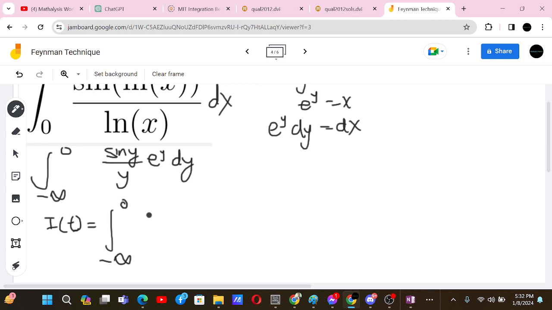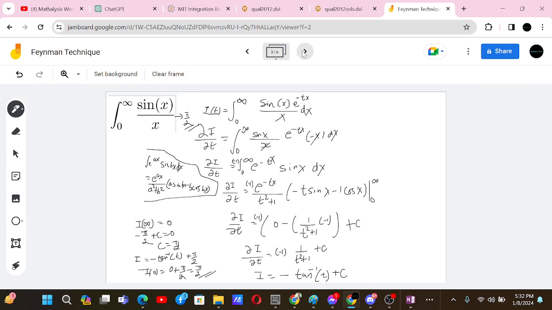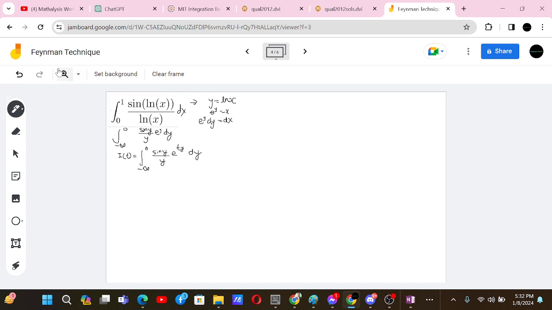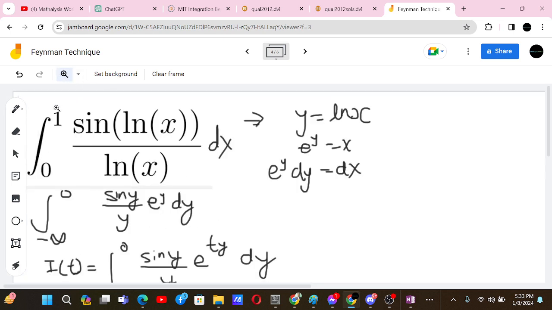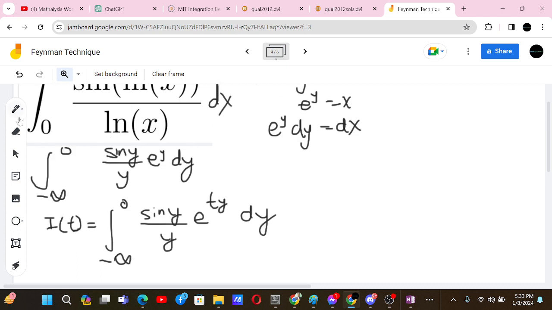Minus infinity to 0, sine y by y, and then e to the power y dy. Because here there's minus infinity, there will be minus something over there. Earlier it was infinity, so that's why we put a negative sign, but here there's already minus infinity, so no need of that.